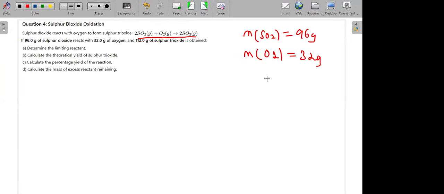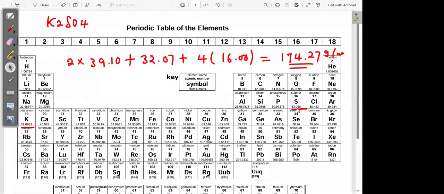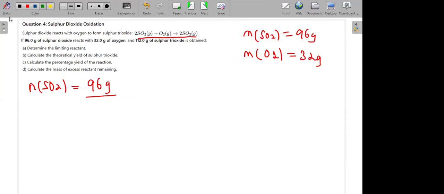Let's do that. Moles of sulfur dioxide is equal to the mass, which is 96 grams, divided by the molar mass of sulfur dioxide. Remember from the periodic table, the molar mass of sulfur is 32.07. So 32.07 plus 2 multiplied by 16.00 gives me 64.07 grams per mole.